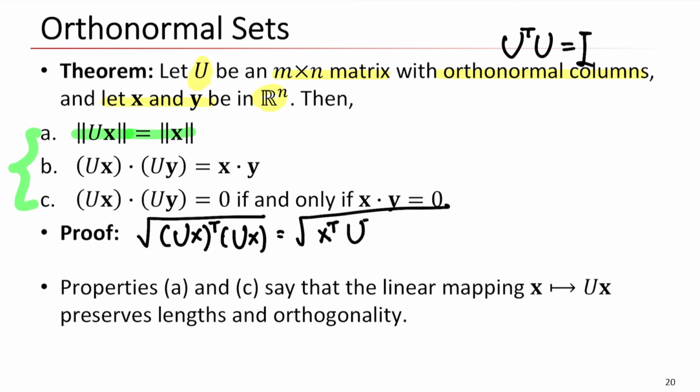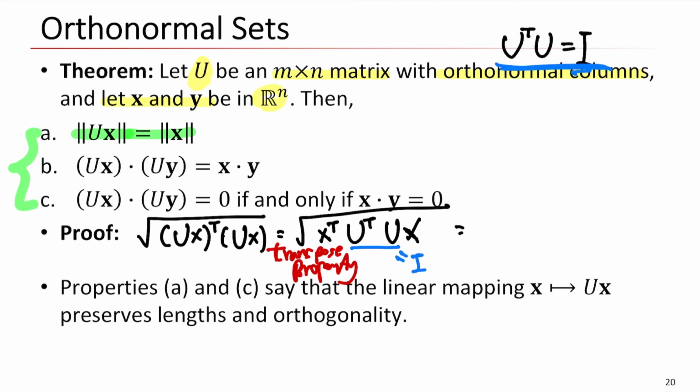x transpose U transpose U x, right? By the transpose property, right? Then U transpose U was what? Identity matrix, right?